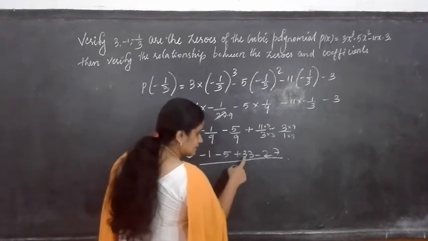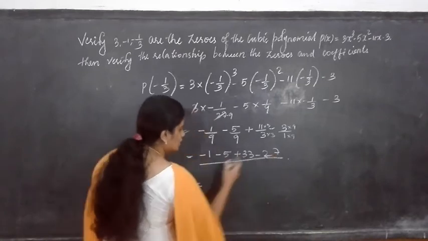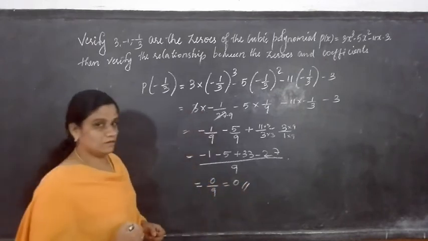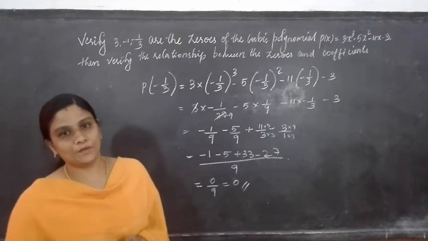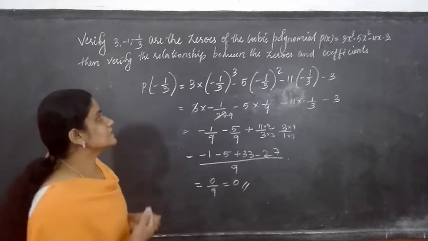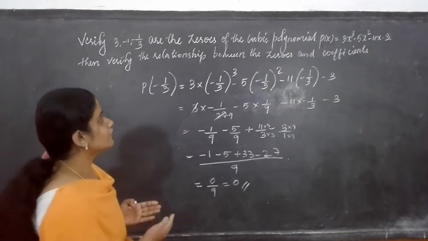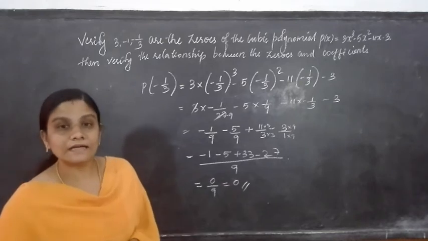Negative 6 plus 33, 27. 27 minus 27, 0. So 0 by 9 gives you 0. So we got that negative 1 by 3 is also a zero of the given polynomial. Is that clear? Now, if they are the zeros of the cubic polynomial, then we have to verify the relationships. Now we are going to verify the relationships.